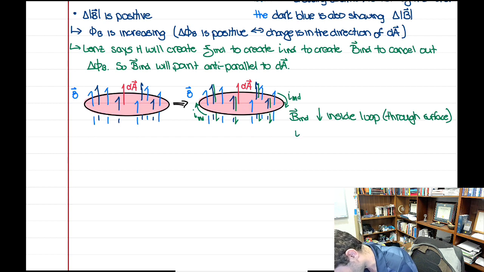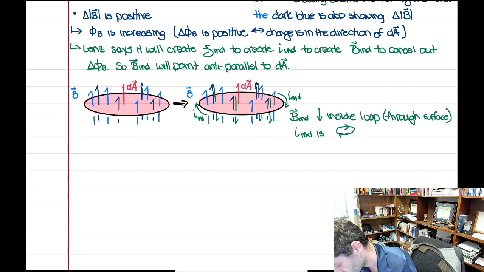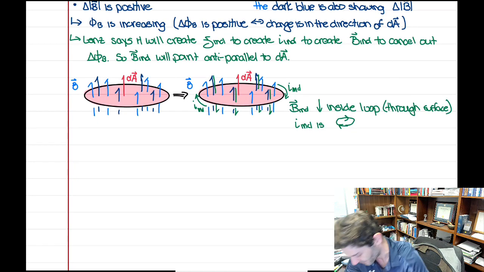So then I induced is in that direction based on my drawing. And so that tells us what the EMF must be.